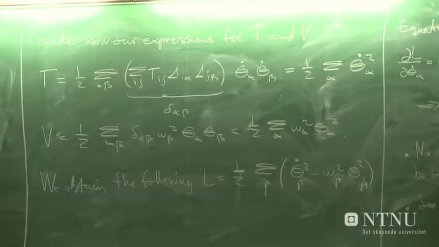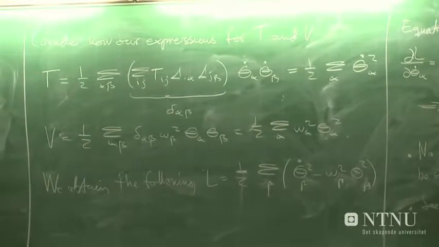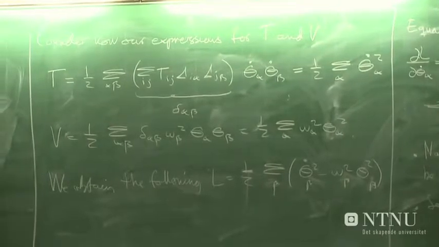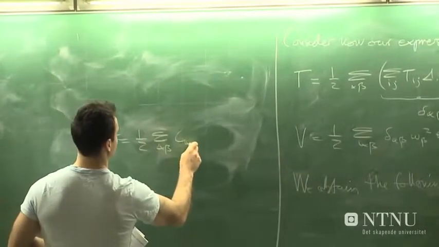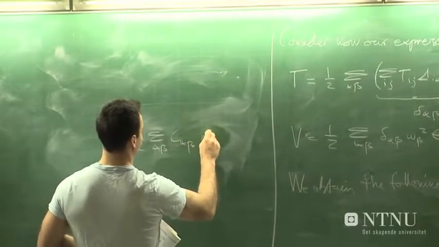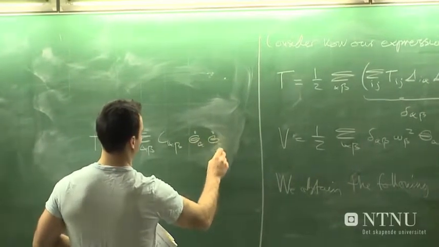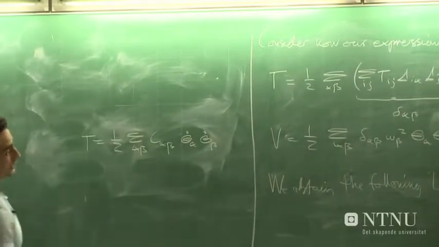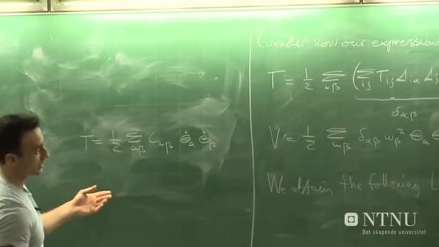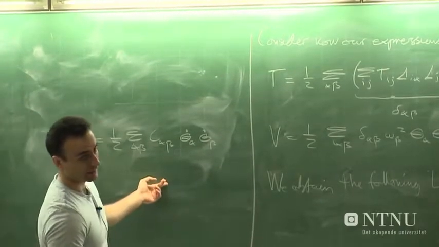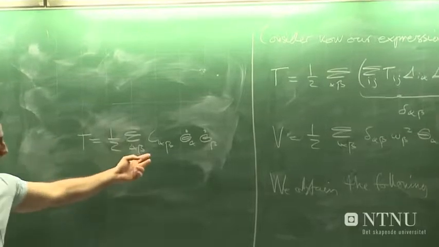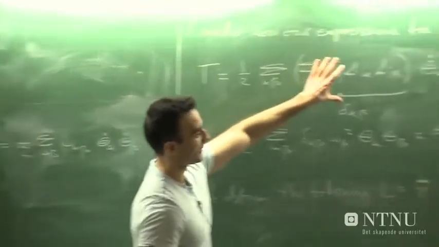Well, let's say that we did. So we get something like this for the kinetic energy, and similarly for the potential energy, where C alpha beta is now this.